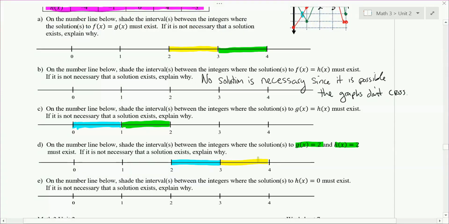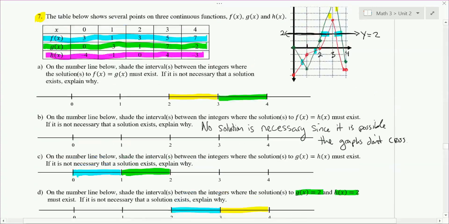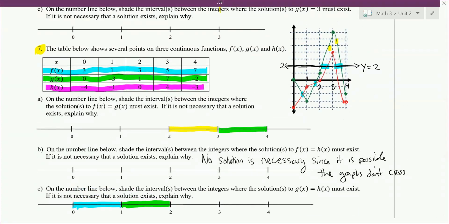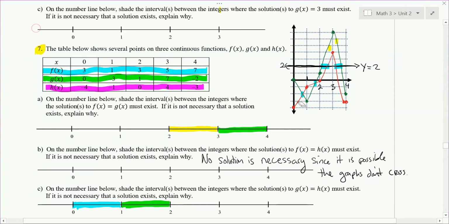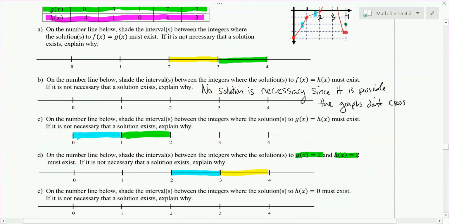And last one, on the number line below, shade the interval or intervals between the integers where the solutions to h of x equals 0 must exist. So this is only talking about h, so I'm going to erase g now, just to make it easier to see some stuff here. And we want to know where h is equal to 0.